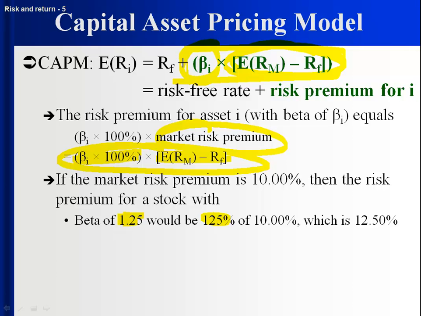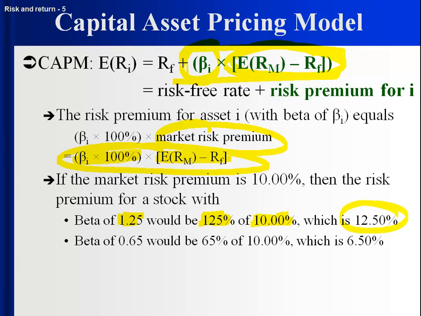Therefore, because it has 125% of the risk, its risk premium should be 125% of the risk premium associated with an average risk stock. Well, an average risk stock gets 10%. He'll get 125% of 10%, 1.25 times 10%, 12.50%. That's the risk premium for a stock with a beta of 1.25.